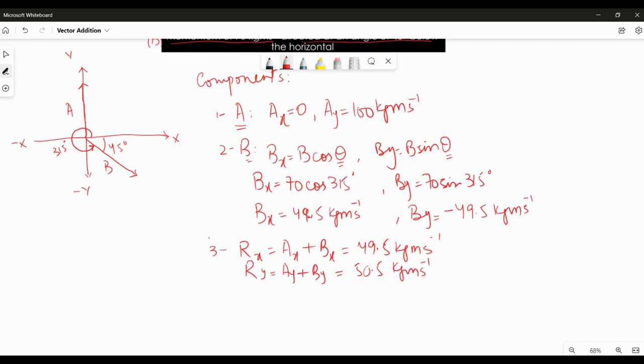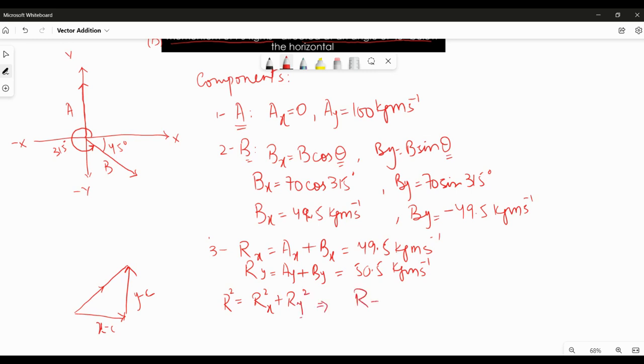Now, we know it very well that for any given vector, if we know the x component and the y component, let's just say this is the x component and this is the y component, we can simply find the original vector by using Pythagoras theorem. So I'm going to find the magnitude of the resultant vector by simply using Pythagoras theorem.